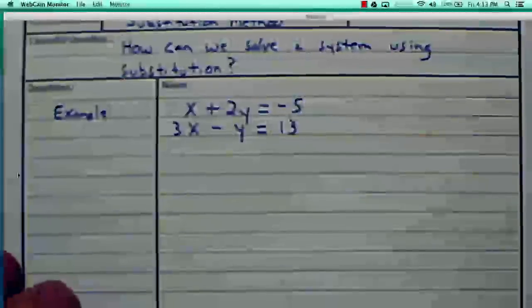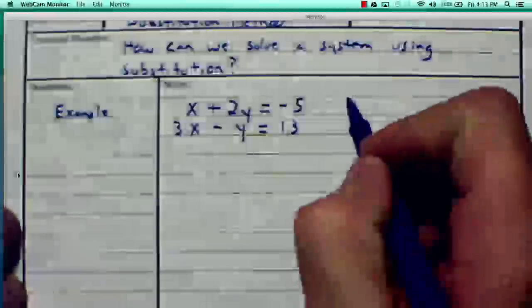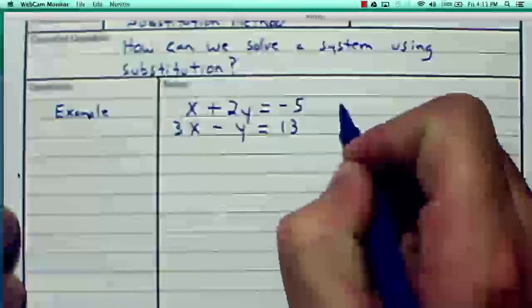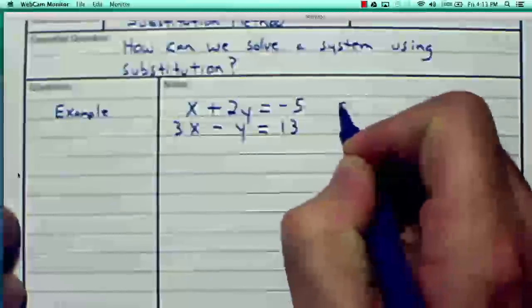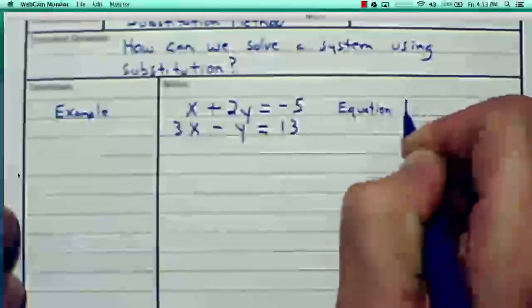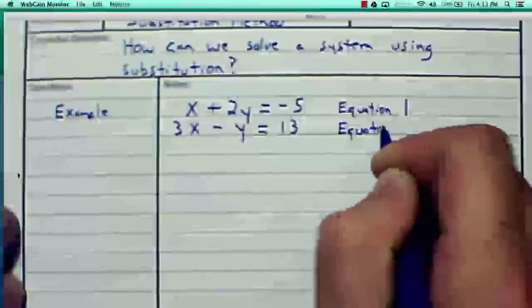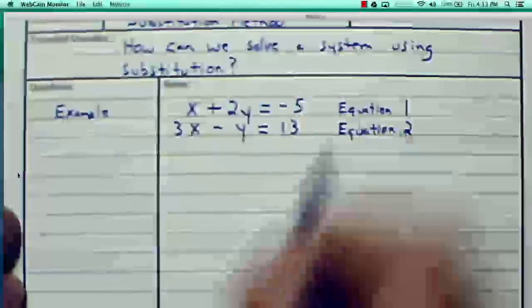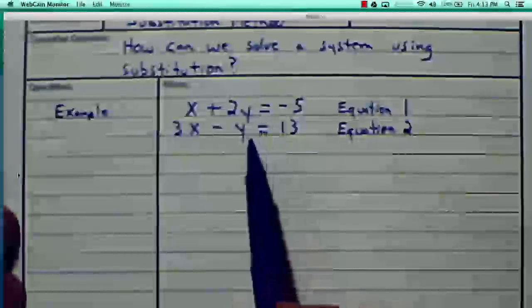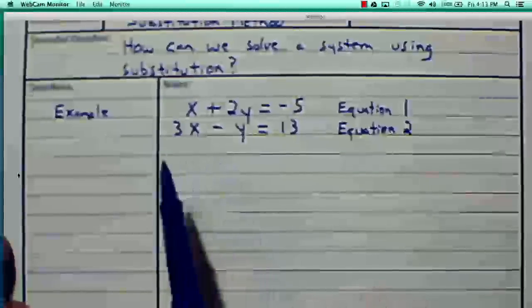For the purposes of assisting in notation for the rest of this problem, I'm going to call this one equation 1 and this one equation 2. So we see it is a system. There are two equations and they have the same variables, x and y, in both cases.